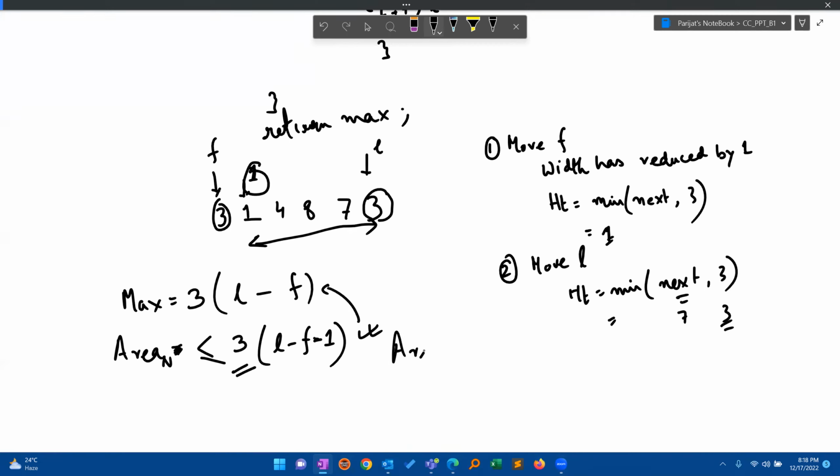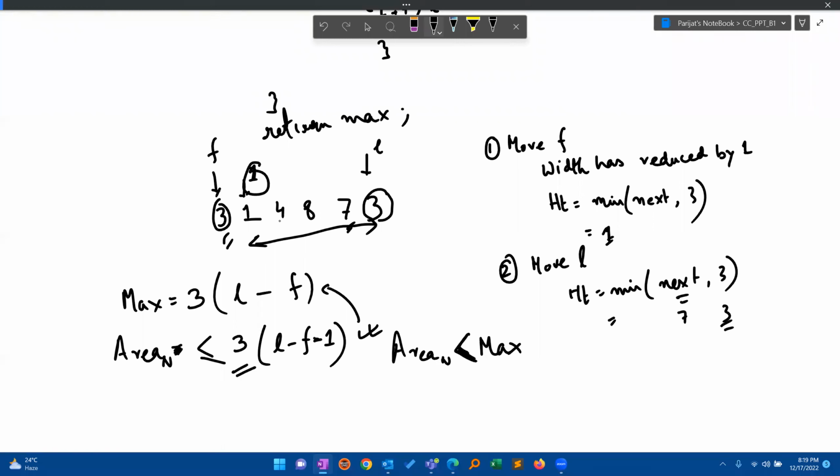Not less than or equal, rather always less than max, because there is a minus 1 also. So because it is less than max, you know that the pairs 1 3 or the pairs 3 7 will never give you a better result.